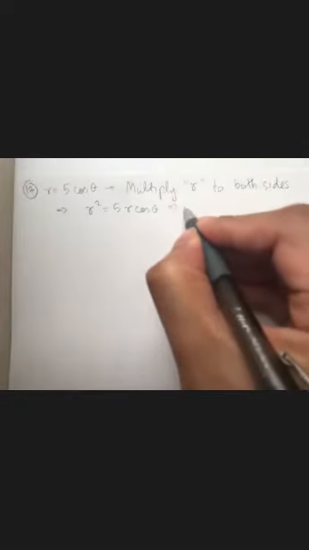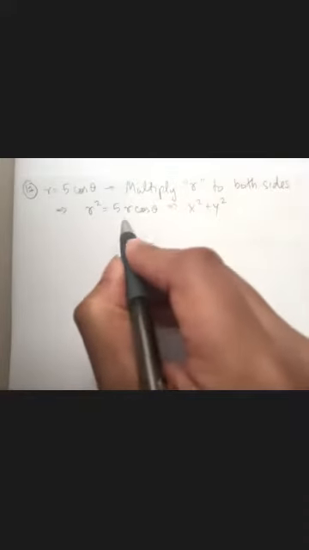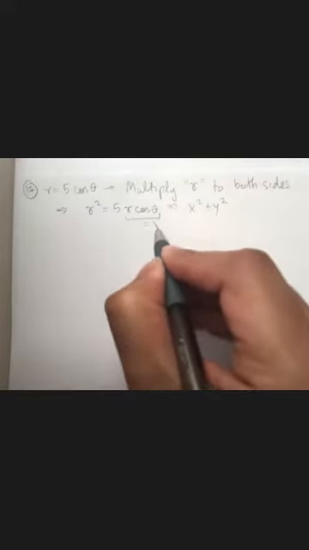This gives us, now, if you remember from the first problem, r square is x square plus y square, and r cos theta is x. But this is not the final answer, because we have to identify the curve.